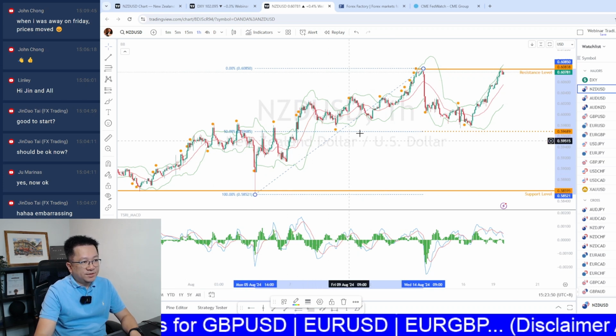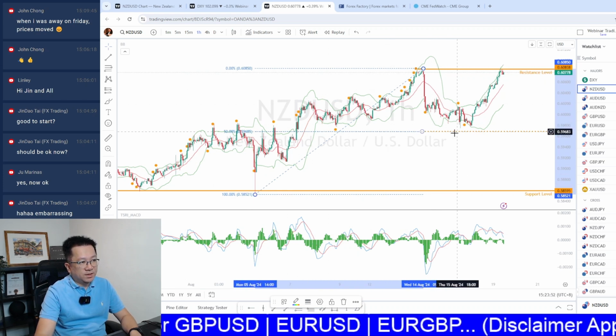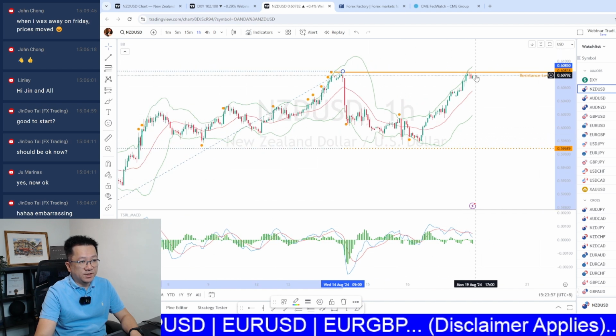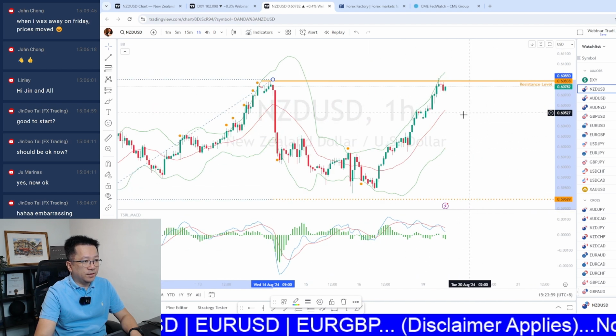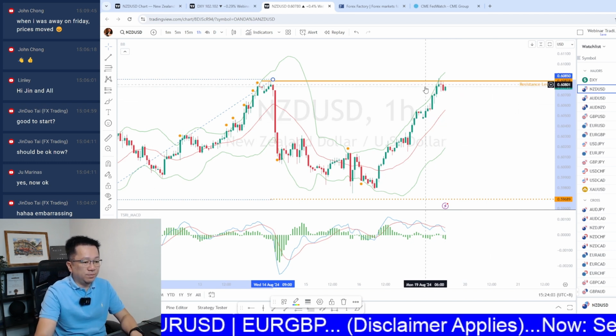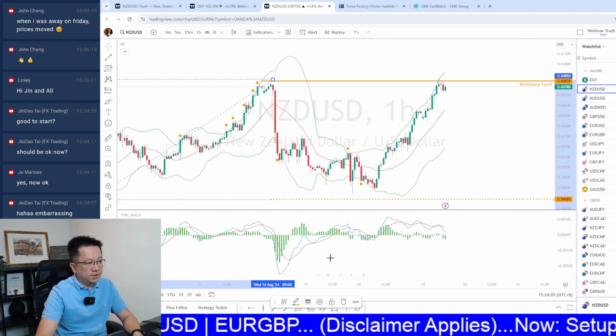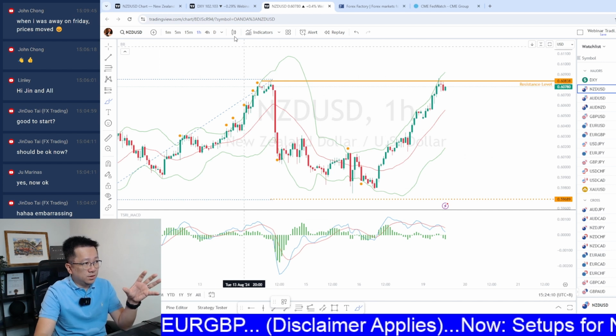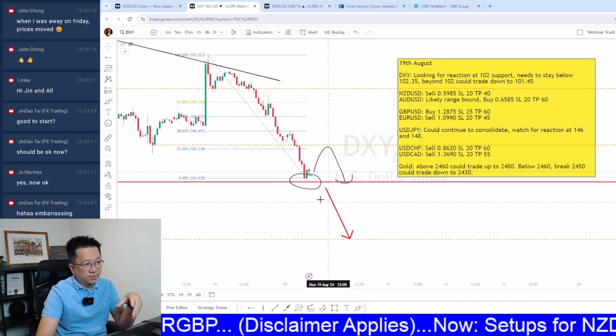So we've seen this move. It's retraced down to about that 50% level. It's bounced off 50. It's pushed right back up towards this point. The thing I was going to pay attention to is the possibility with the dollar. We're looking at the reaction at 102.